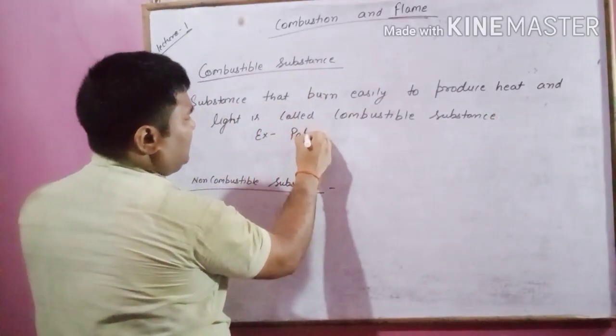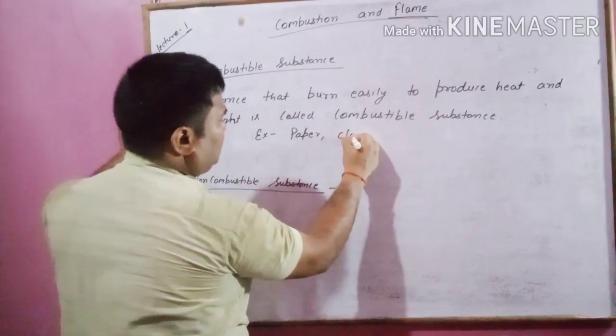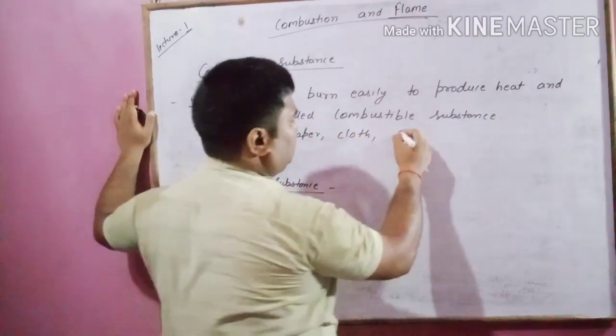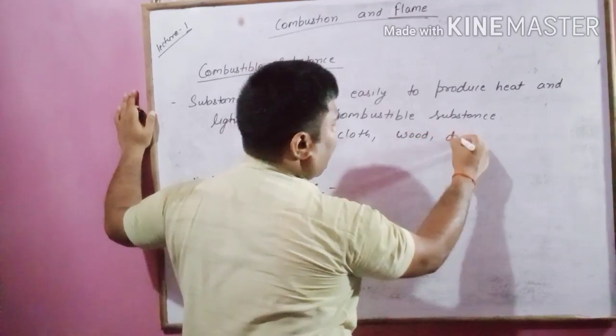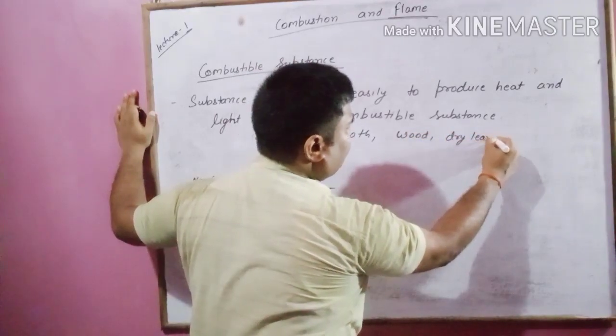Examples: paper, cloth, wood, dry leaves.